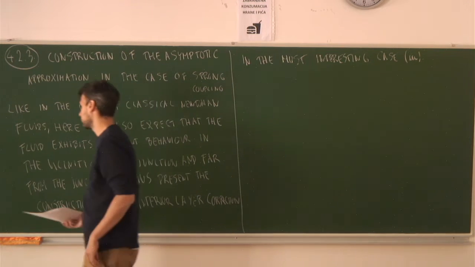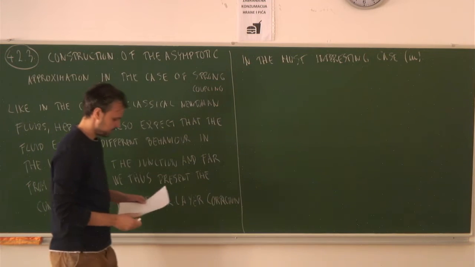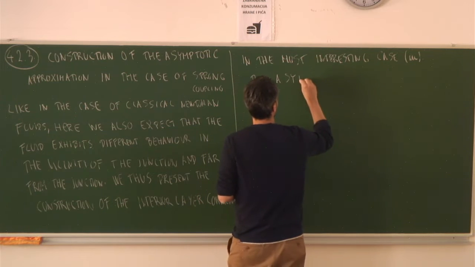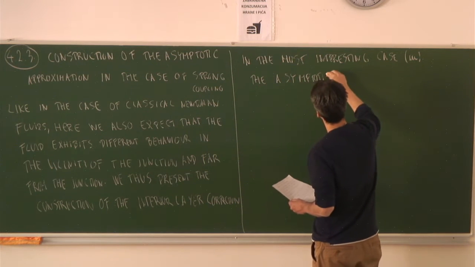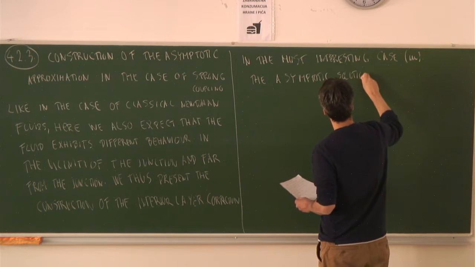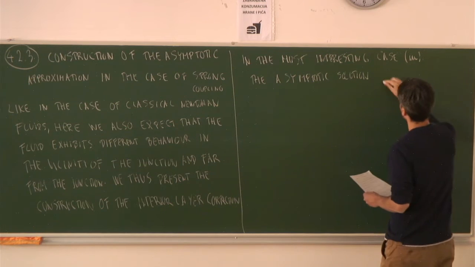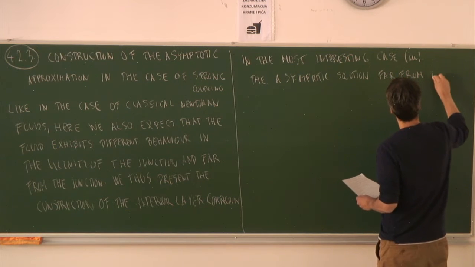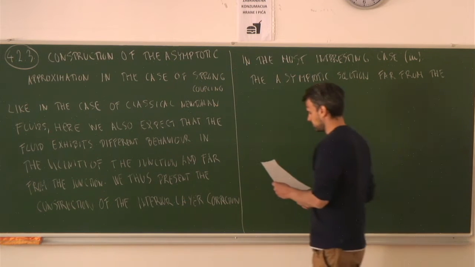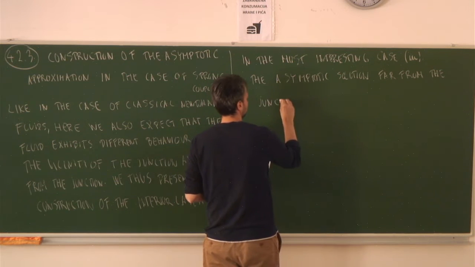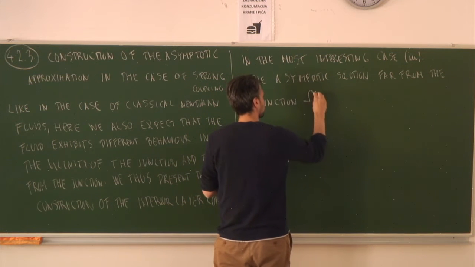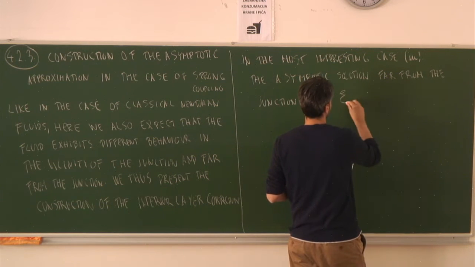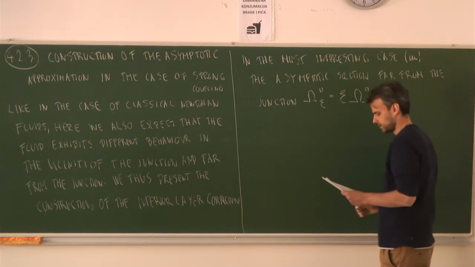Of course, I think I mentioned this last time, the asymptotic solution far from the junction, in Omega epsilon 0, which is epsilon omega 0, is given in the form.